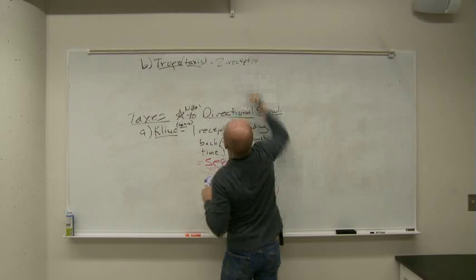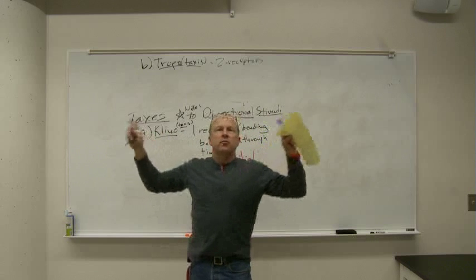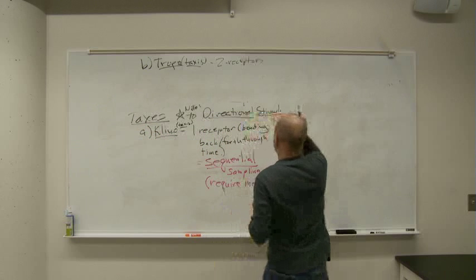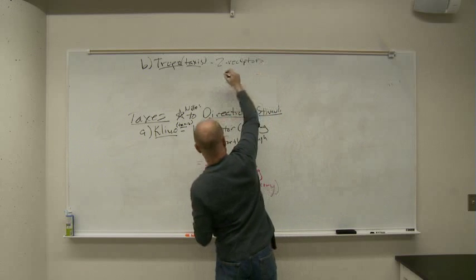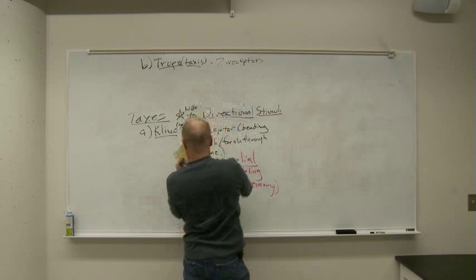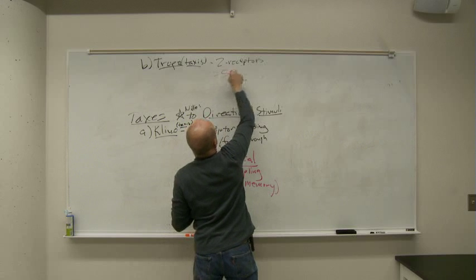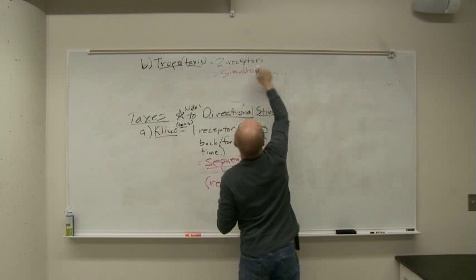And because of this, both receptors, like your ears, are going to be monitoring or responding at the same time. So 2 receptors, we're going to call this one simultaneous sampling.